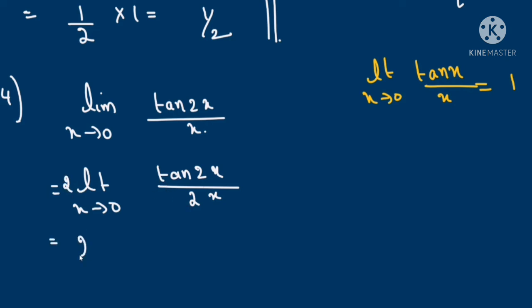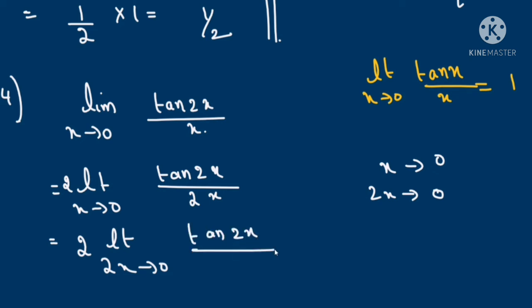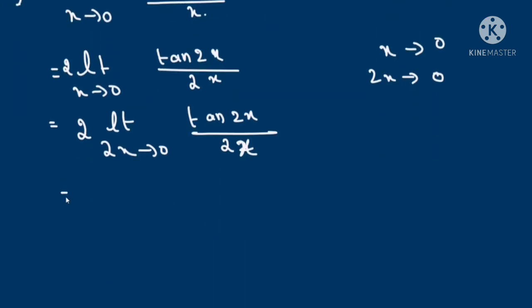So this is 2 into limit x tends to 0. You know that 2x will tend to 0. So 2x tends to 0, tan 2x by 2x. So that is equal to 2 into 1. It is equal to 2. So that's the answer. Now the next one.